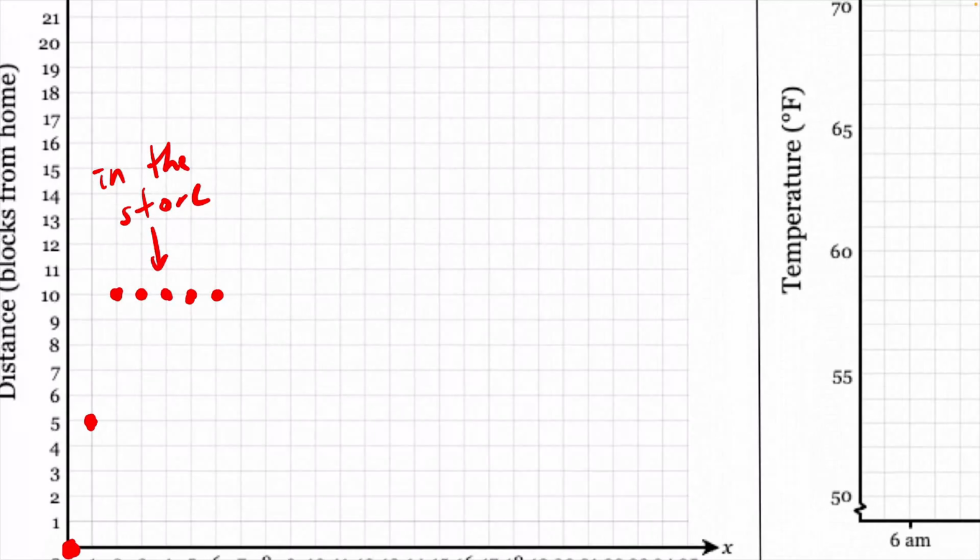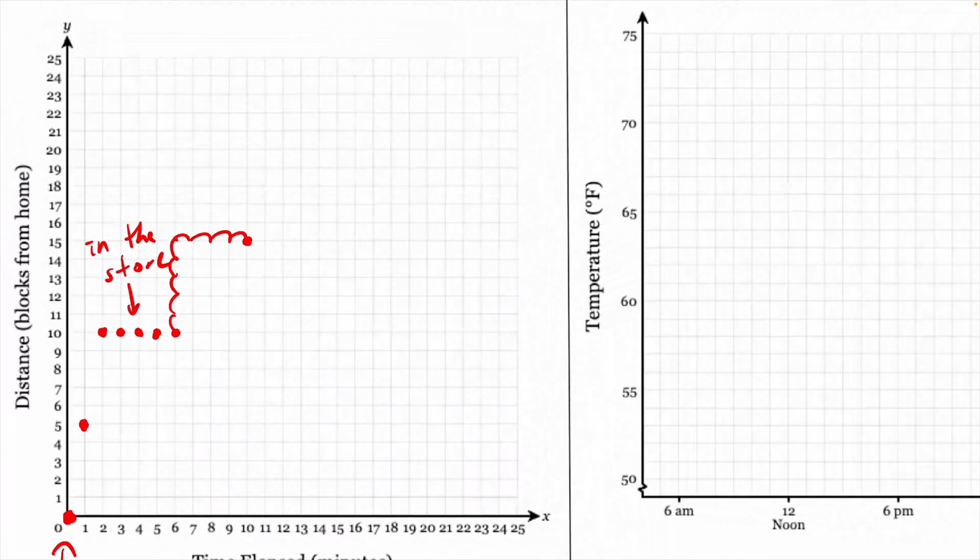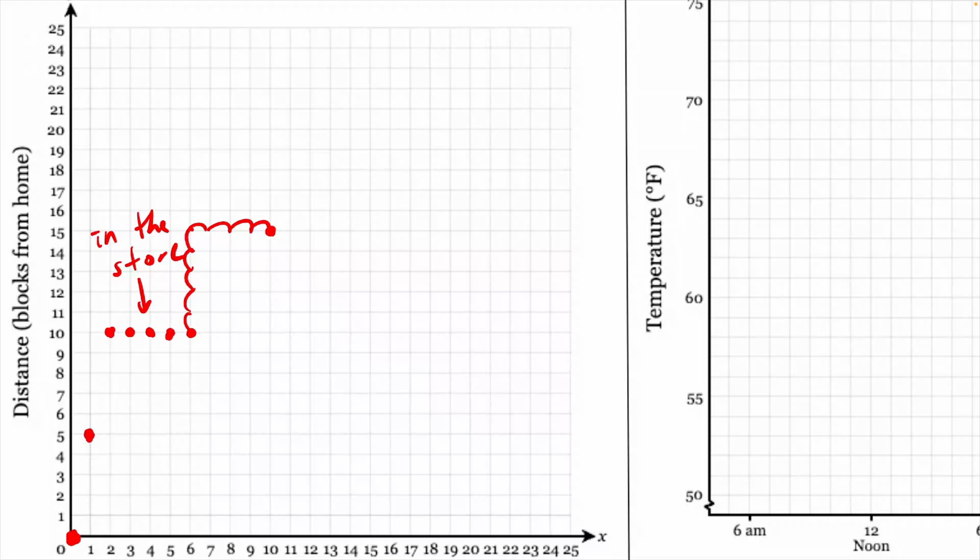So 5 blocks. 1, 2, 3, 4, 5. So that's 5 blocks. 4 minutes. 1, 2, 3, 4, make a dot. Still not there. I'm not at the bank yet. Do it again. 5 blocks, 4 minutes.